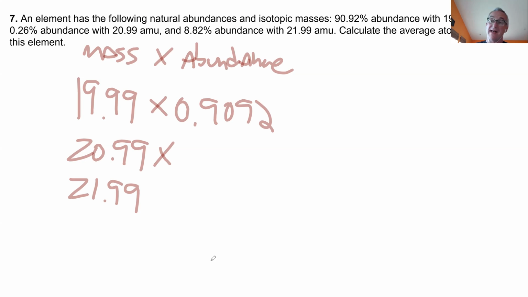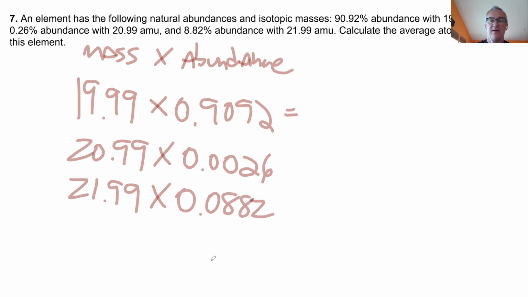So what do we multiply that one by? 0.0026. Right, we need to divide it by 100. And the last one, what's the abundance of that one? 8.82. So what do we multiply that one by? 0.0882. Yes.